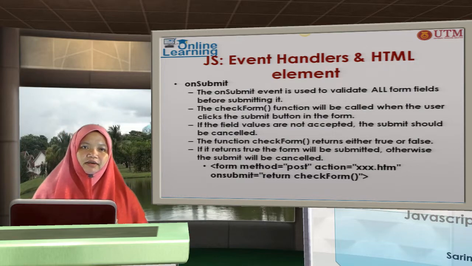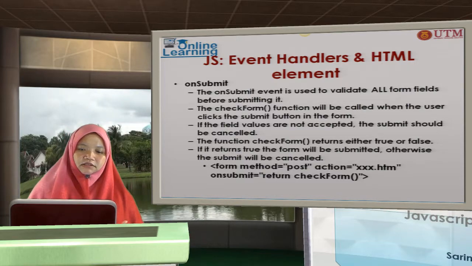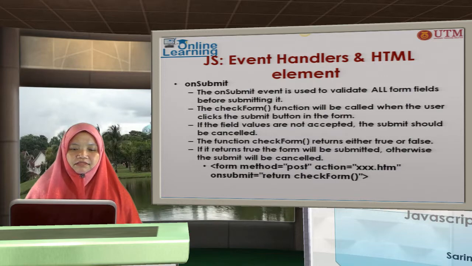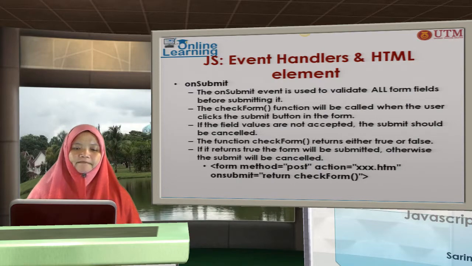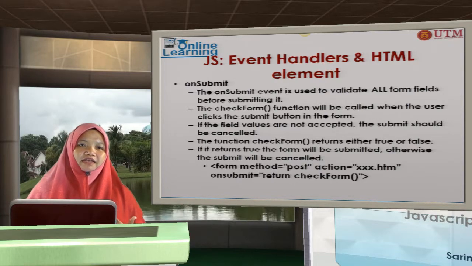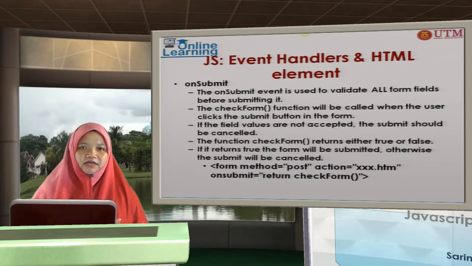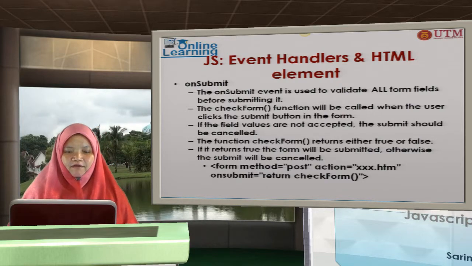The next one is on submit. You can use the on submit event to validate any form field before the user submits the form. You can use a check form function to make sure it is called when the user clicks the submit button in that form.